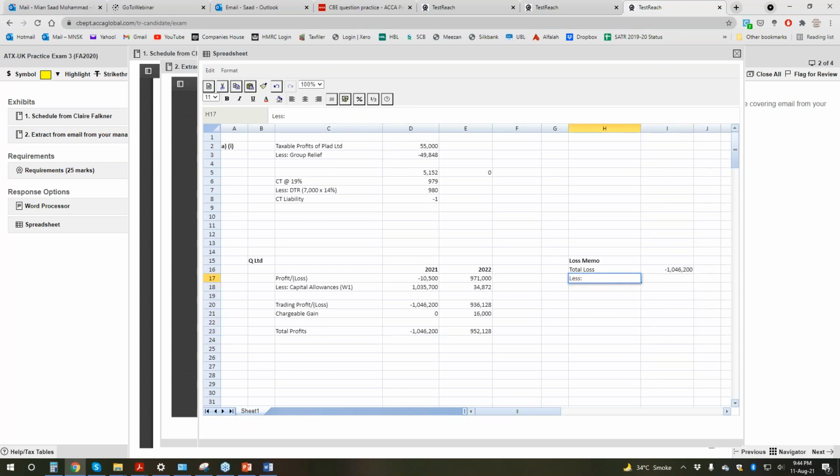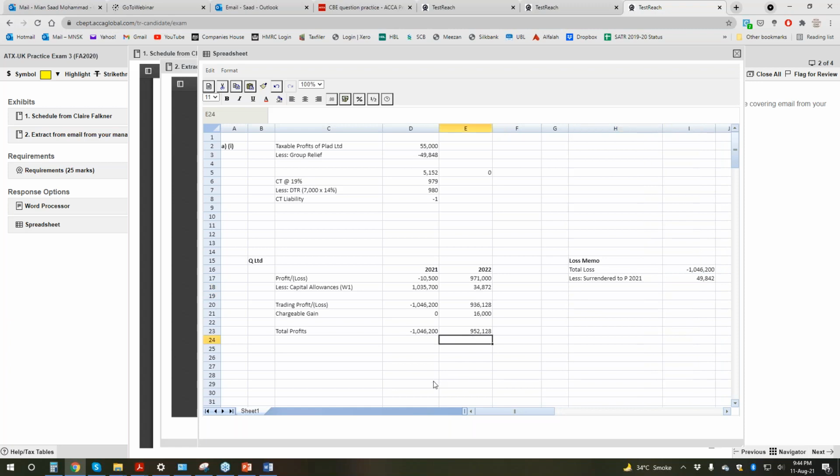Less surrendered to P in 2021 was 49842. I guess I might have made a small mistake, so I will write it out with the positive sign, 49842. Okay, this is the loss that I have already surrendered.